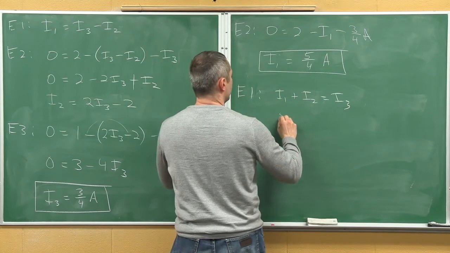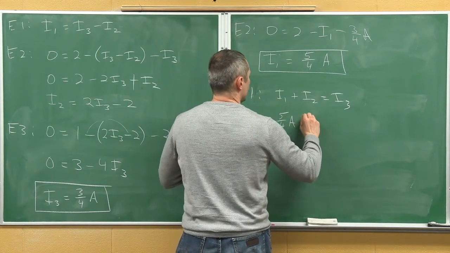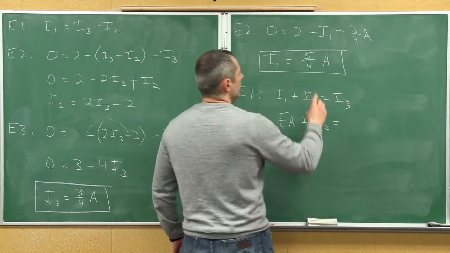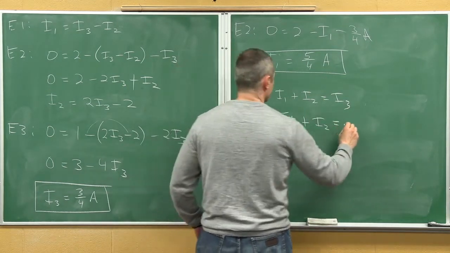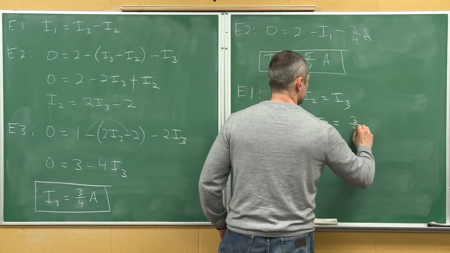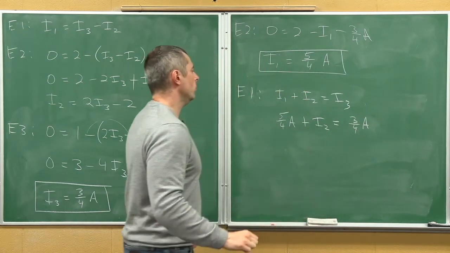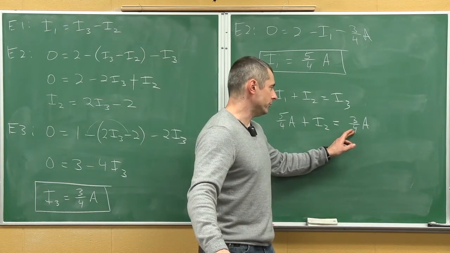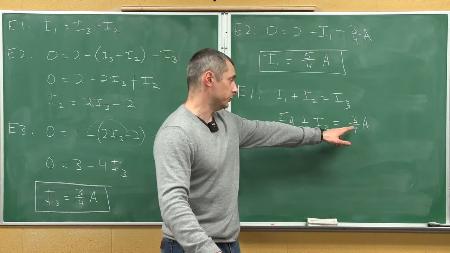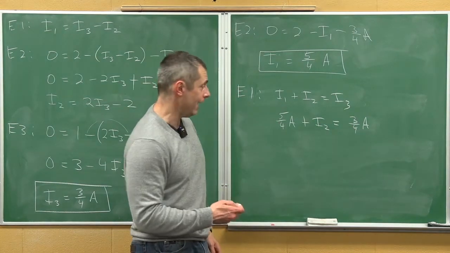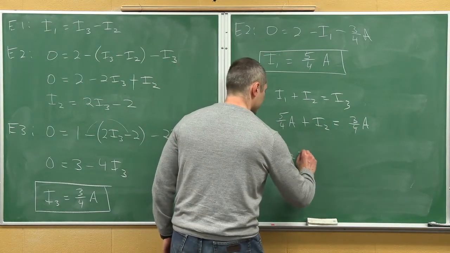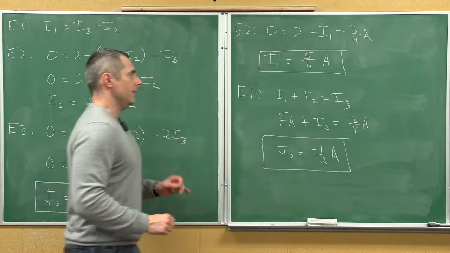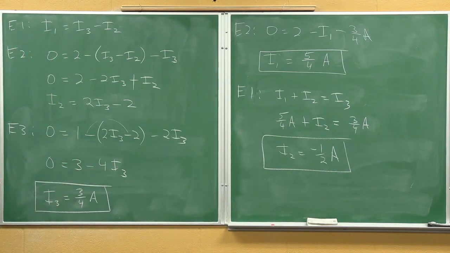So I1 is 5/4 of an amp, I2 is what we're looking for, and I3 was 3/4 of an amp. So what we do is we subtract 5/4 of an amp from both sides, and we get negative 2/4 amps on this side. In other words, negative 1/2 amp is I2. And there is the final current, okay?